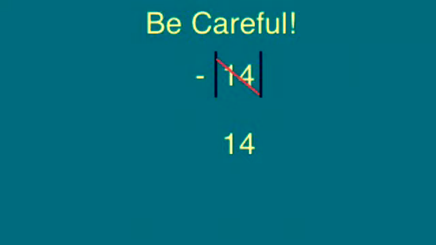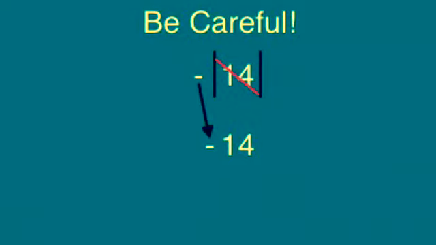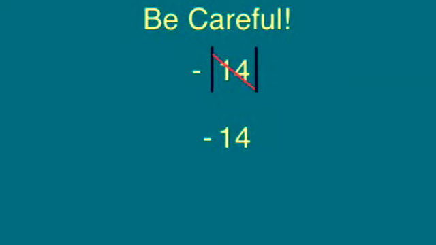So you must do what's inside the grouping symbol first, and in this case is to find the absolute value of 14. The absolute value of 14 is 14. And then we bring down the negative on the outside with our solution. The negative of the absolute value of 14 is equal to -14.